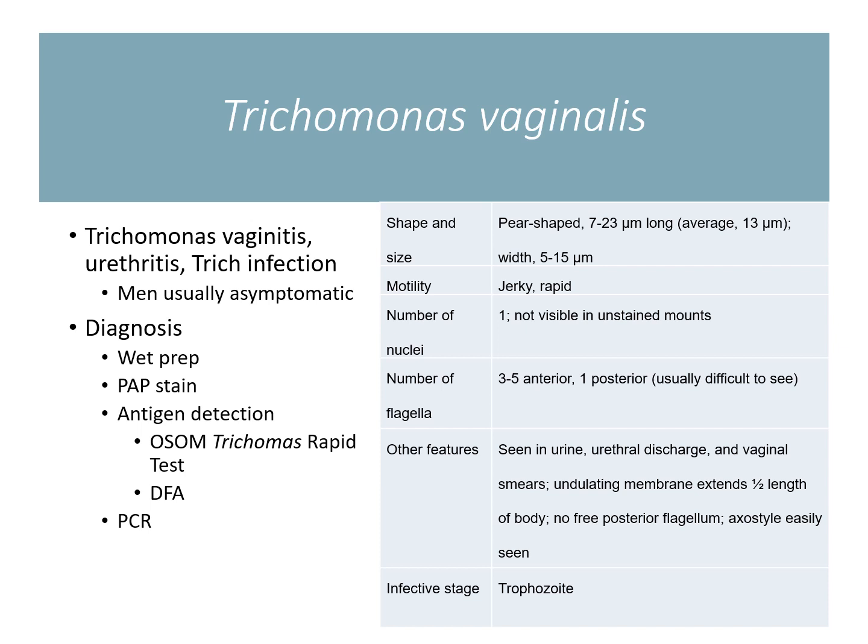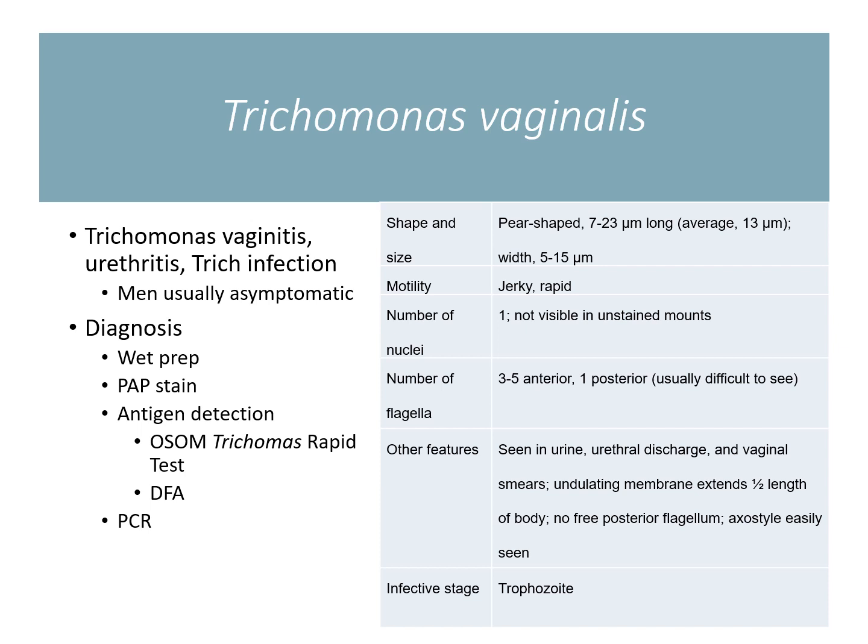This organism can be diagnosed through a wet prep or a wet mount. It can be seen on a pap smear. It can also be detected through antigen detection methods. There are some rapid kits out there that can detect this organism, as well as PCR testing.